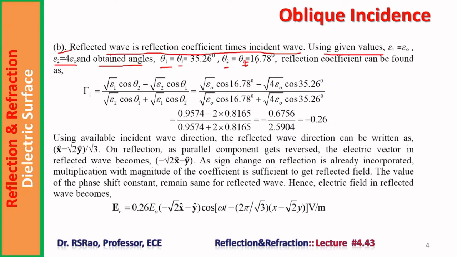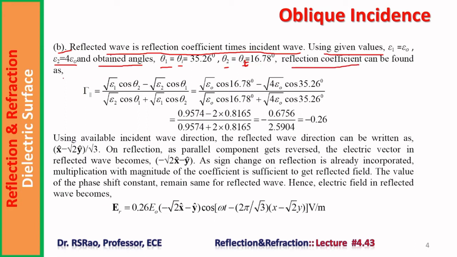Now B. The reflected wave is the reflection quotient times the incident wave. Using the given values epsilon 1 equal to epsilon naught, epsilon 2 equal to 4 epsilon naught, and the already available angles, theta 1 equal to theta i, the angle of incidence, 35.26 degrees, theta 2 equal to theta t, the refraction angle, 16.78 degrees.